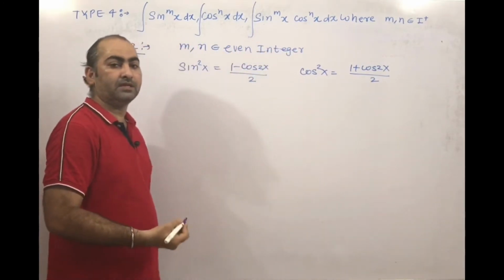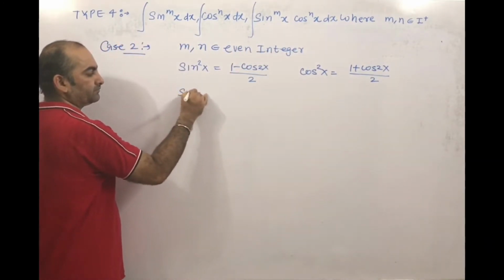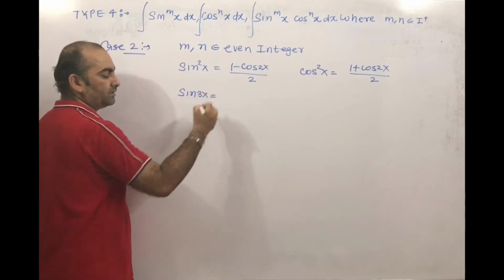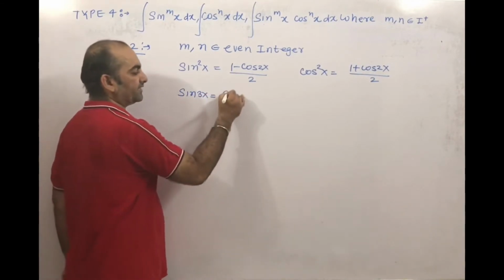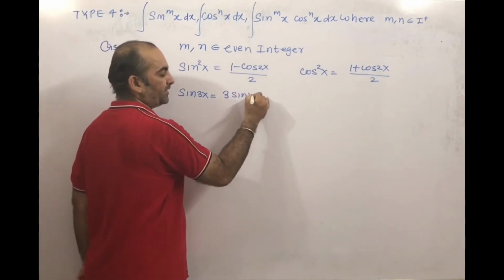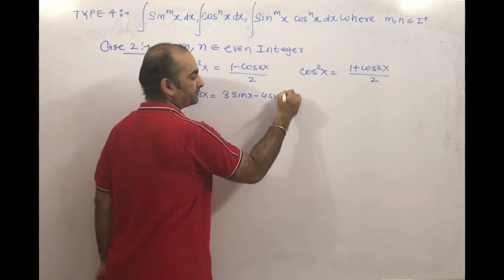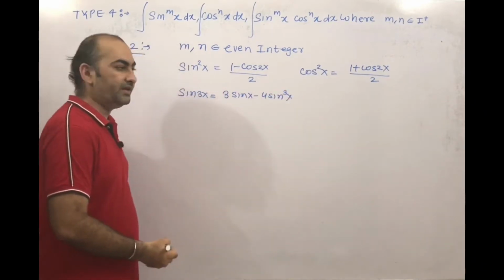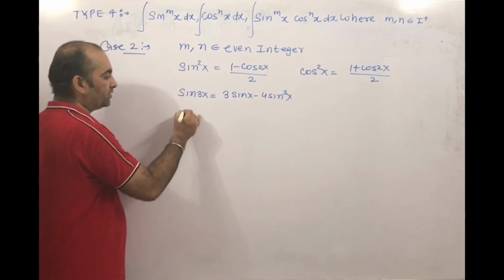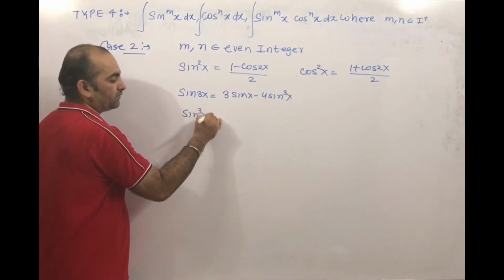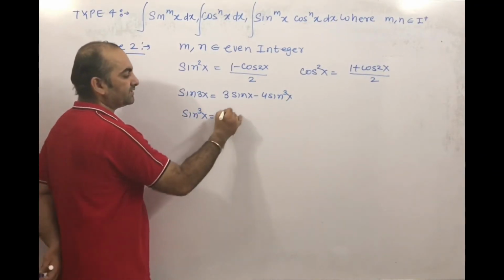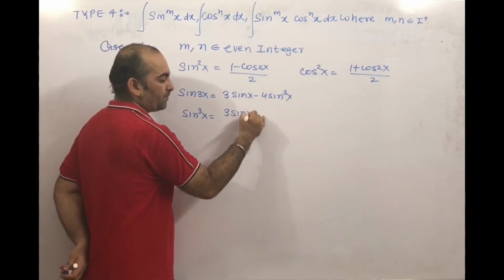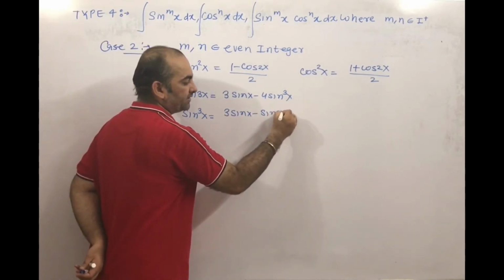Sine 3x is what? 3 sine x minus 4 sine cube x. That means sine cube x we can write as 3 sine x minus sine 3x divided by 4.